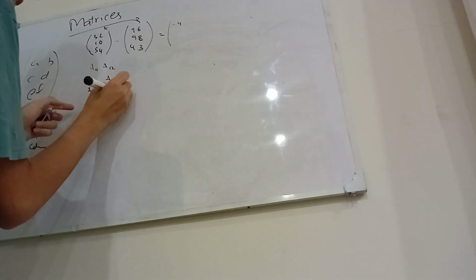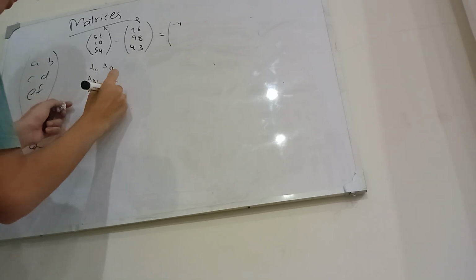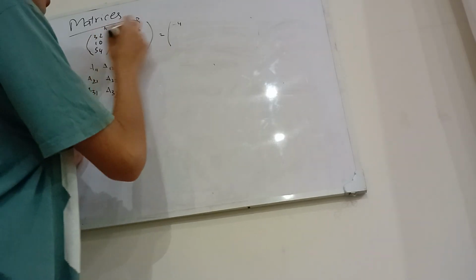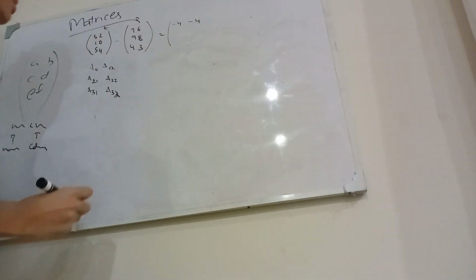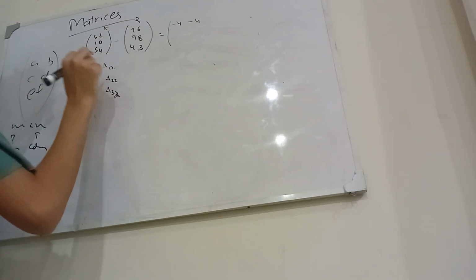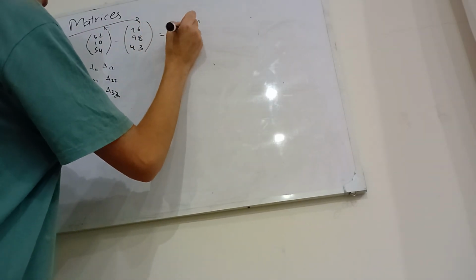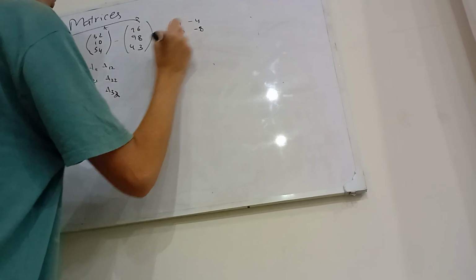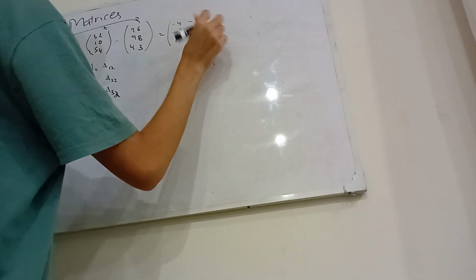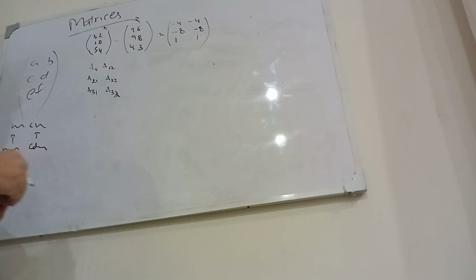This is the same thing, but written a little differently. 2 minus 6 minus 4. So you can see which number you're talking about in the matrix. So minus 8 minus 8, 1 minus 1. Sorry, 1. This is how you subtract matrices.